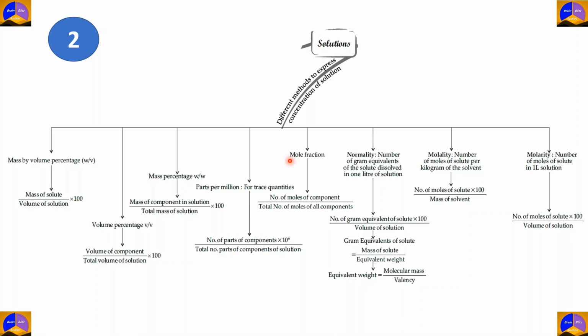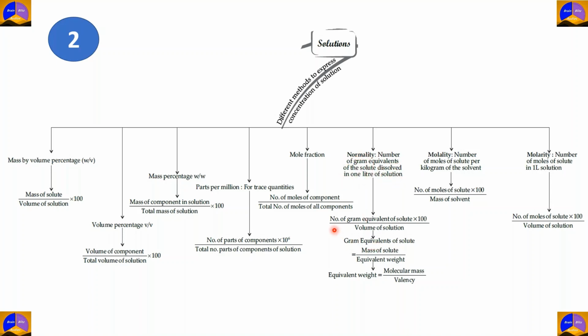Moving on, we have mole fraction as another way to express concentration. In it, we divide the number of moles of one component, solute or solvent, by the total number of moles of all the components. Normality is another method. The number of gram equivalents of the solute dissolved in 1 liter of solution is termed as normality.